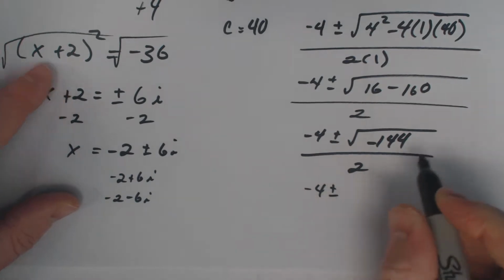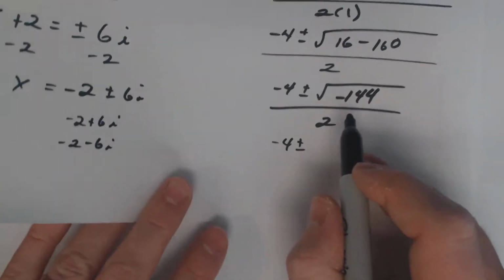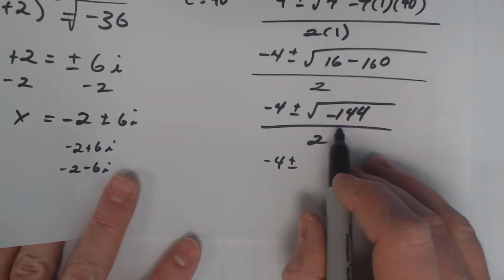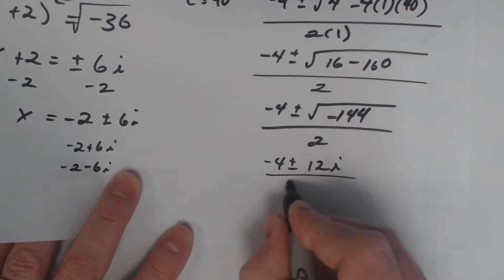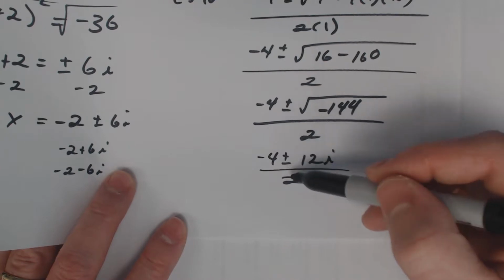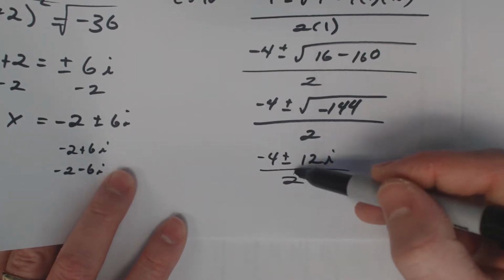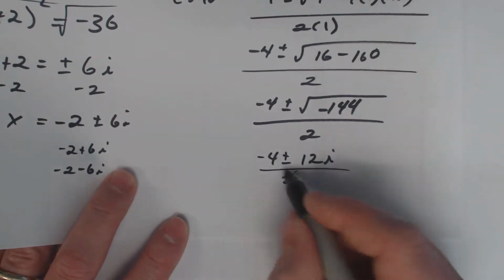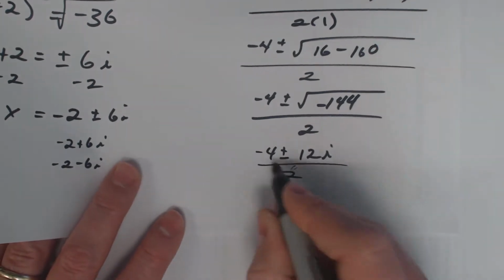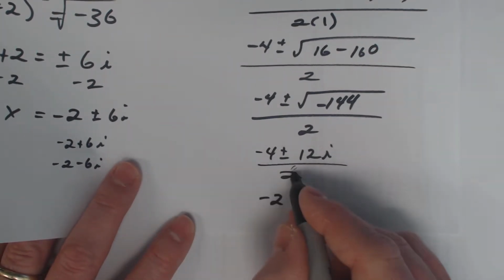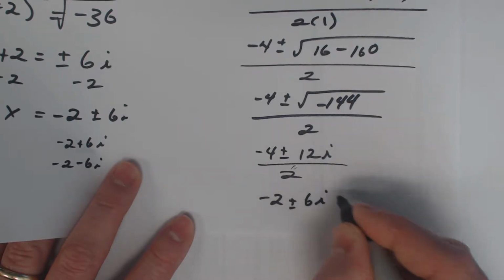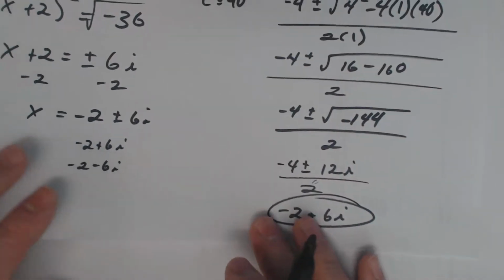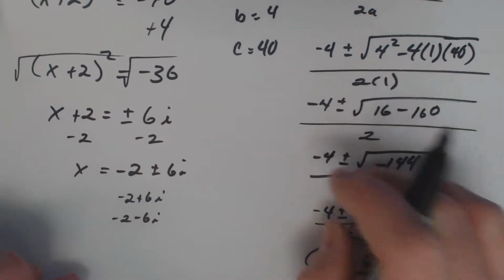Negative 4 plus or minus, let's see, the square root of 144 is 12. And it's negative, so you say i for that. Now this gets divided by 2, and this part gets divided by 2. They both get divided by 2. If they both don't get divided by 2, you don't simplify, but they both do. Negative 4 divided by 2, 12 divided by 2. Well, there you go. It's the same thing. So you can complete the square or use the quadratic formula, either way.